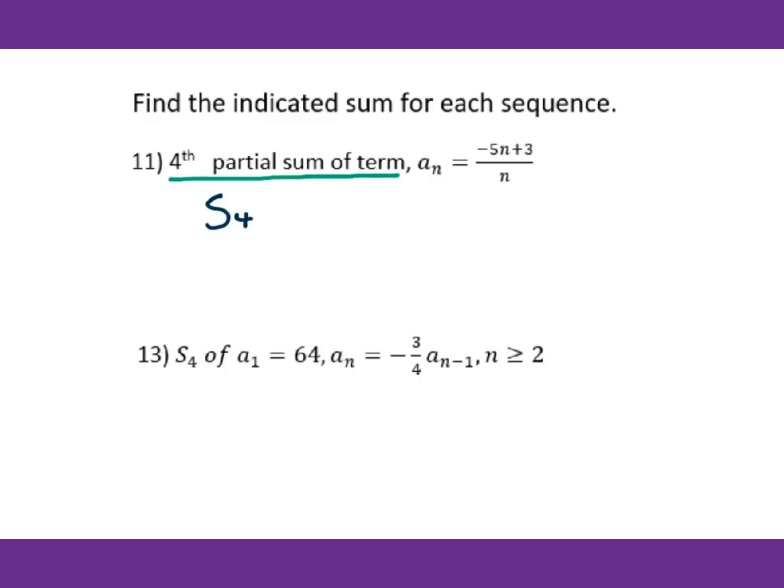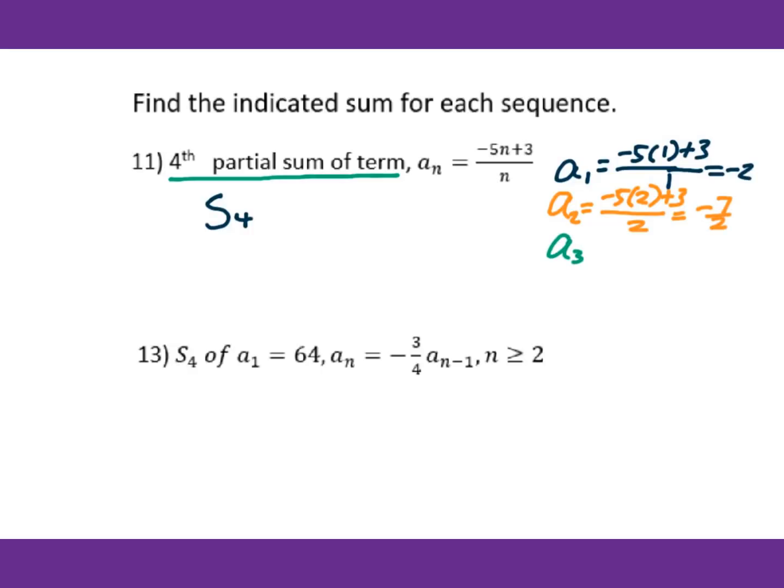Therefore, you need to figure out a sub 1 equals negative 5 times 1 plus 3 over 1. You will get negative 2. A sub 2 equals negative 5 times 2 plus 3 over 2. You will get negative 7 over 2.